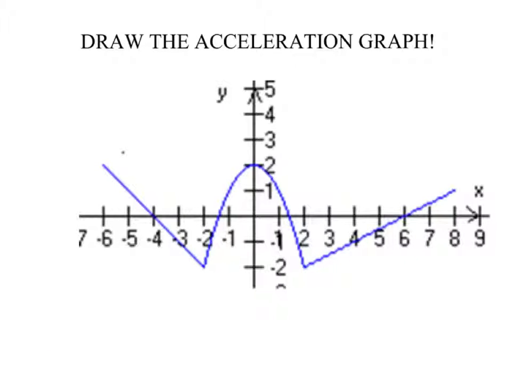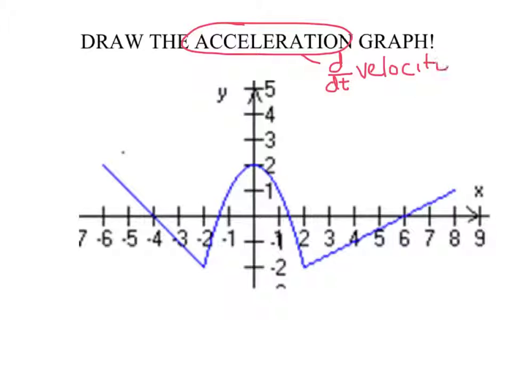The acceleration graph. For the acceleration graph, let's start with the linear pieces. First of all, remember that acceleration is the derivative, I'll write d, of velocity. That's just my notation. So all we're really doing here is drawing the derivative graph.